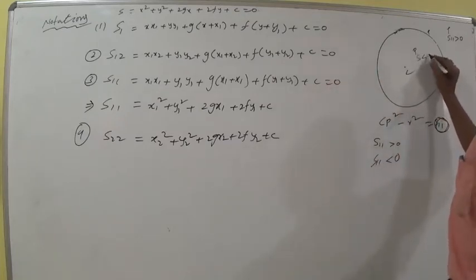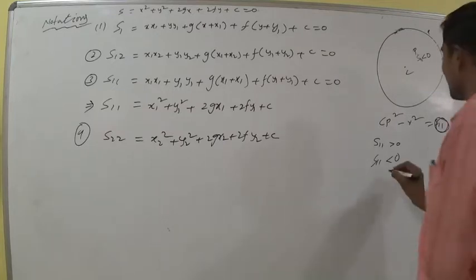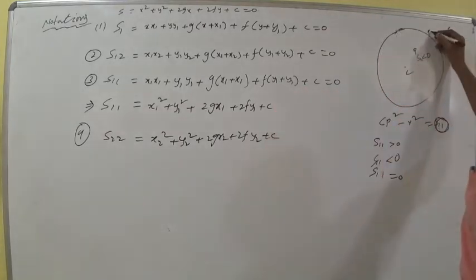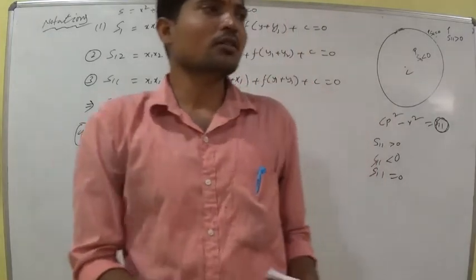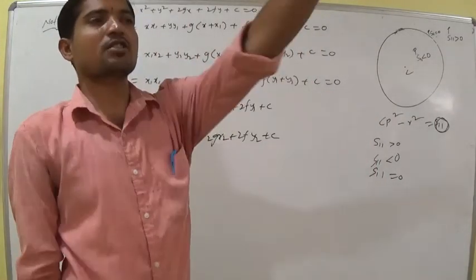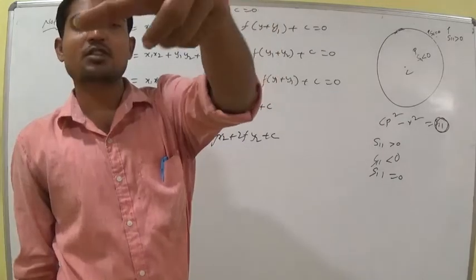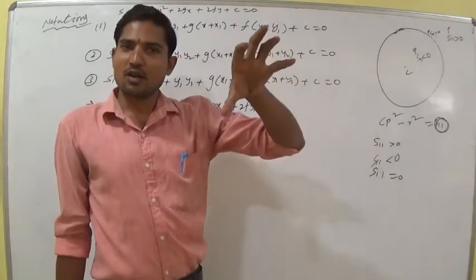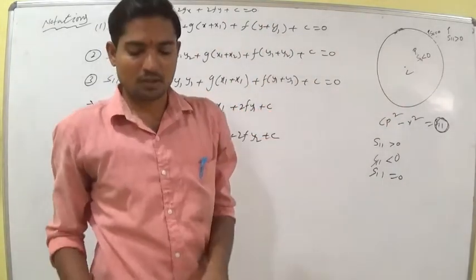When S11 = 0, the point lies on the circle. Understand? So S11 = 0 lies on the circle, S11 > 0 lies exterior of the circle, and S11 < 0 lies interior of the circle. Right?